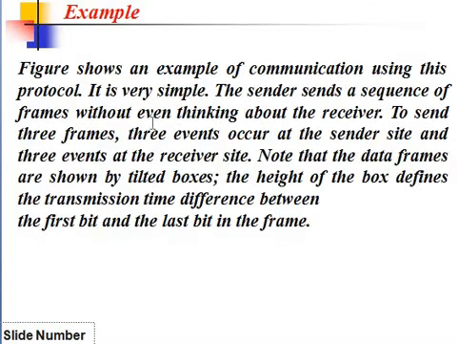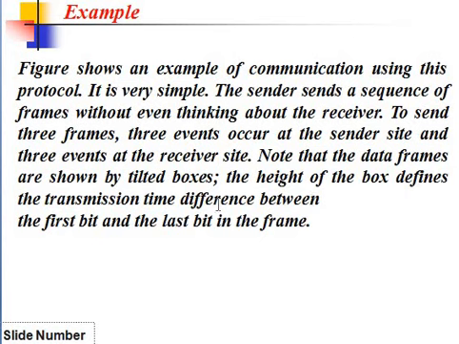A figure is given that shows an example of the communication using this protocol. It is very simple. The sender sends a sequence of frames without even thinking about the receiver. Here, 3 events occur at the sender side and 3 events at the receiver side. Note that the data frames are shown in tilted boxes.